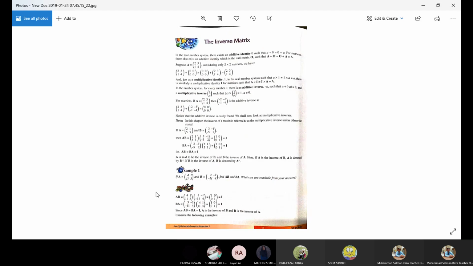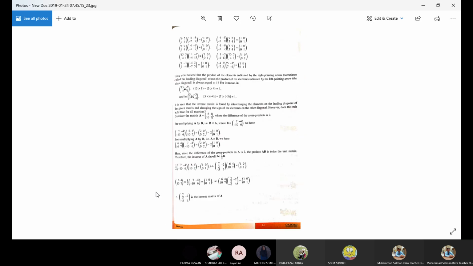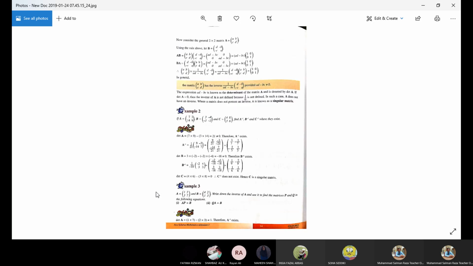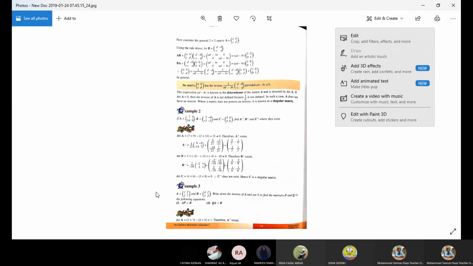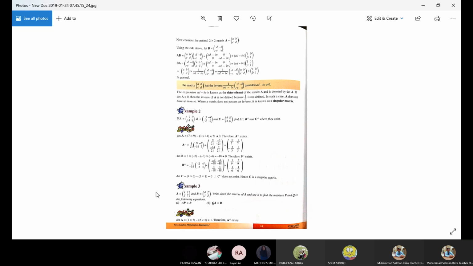Over here they are telling you how to find out the inverse of the matrix, and you can see them over here after long workings, and they have proved that this is the formula to find out this thing. So over here you can see that this is the formula.